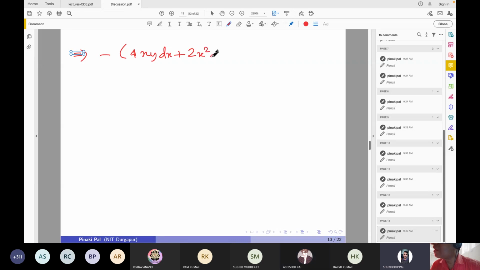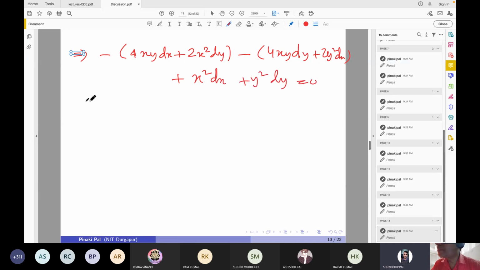2x square dy minus 4xy dy plus 2y square dx plus x square dx plus y square dy equal to 0.